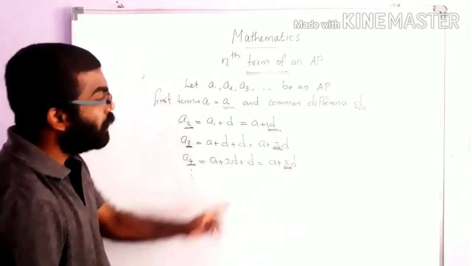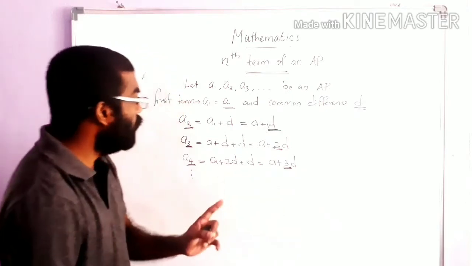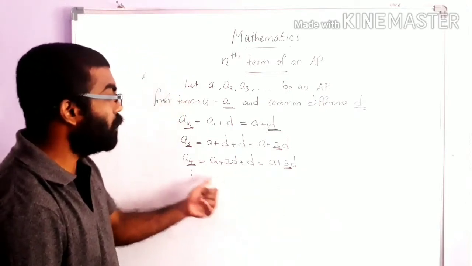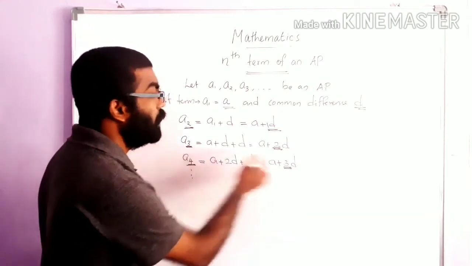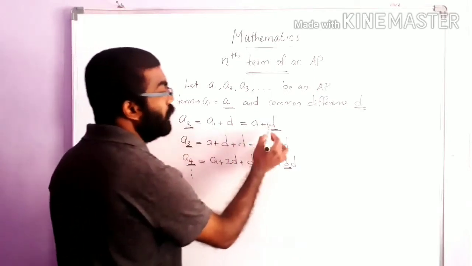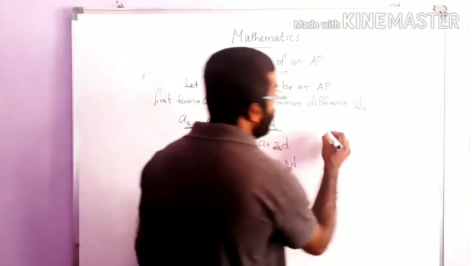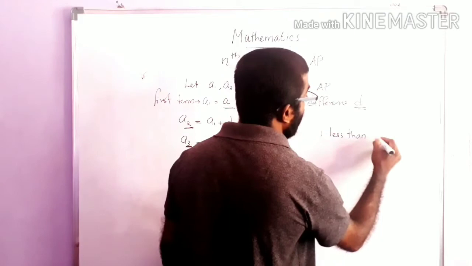That means the coefficient of D is 1 less than the position. Here the position is 4, 4 minus 1 is 3. Here the position is 3, 3 minus 1 is 2. Here the position is 2, 2 minus 1 is 1. Okay, so the coefficient of D is 1 less than its position.